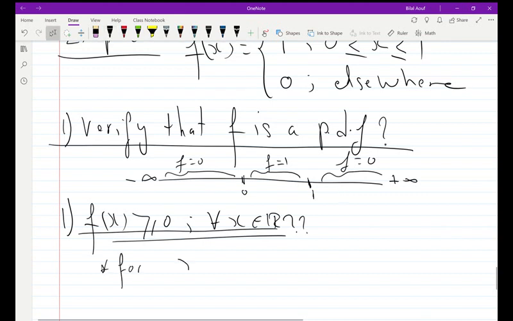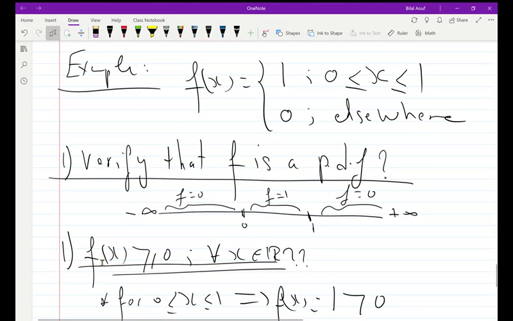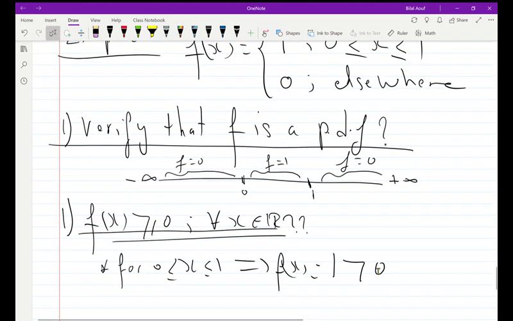For x between 0 and 1, f of x is equal to 1, which is greater than 0. True, because I'm verifying that f of x is greater than or equal to 0. The first part is true, so that's right.